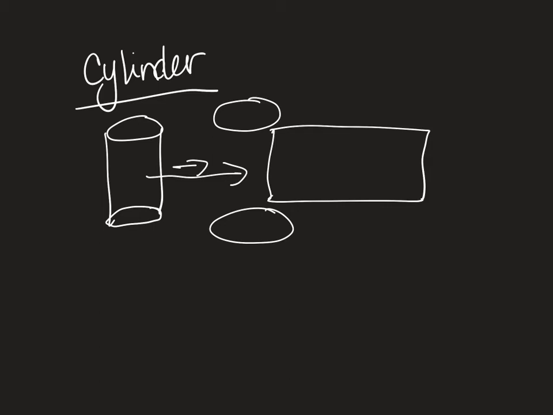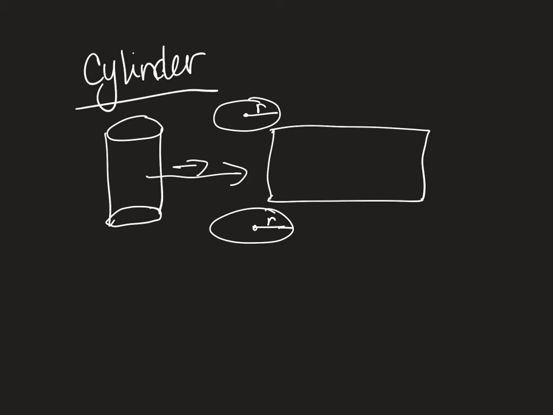Okay? So you are going to need to know the radius. We know how to find the radius. The area of the curved lateral surface is the same as the rectangle. It's just like finding the area of a rectangle, because if you unfold that, it basically equals a rectangle.